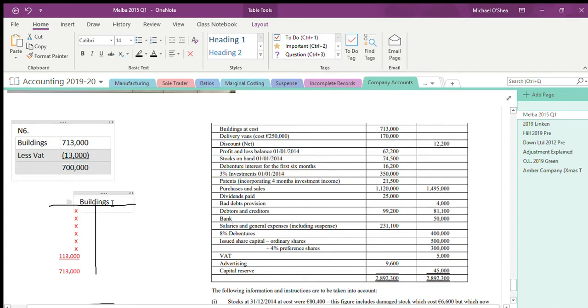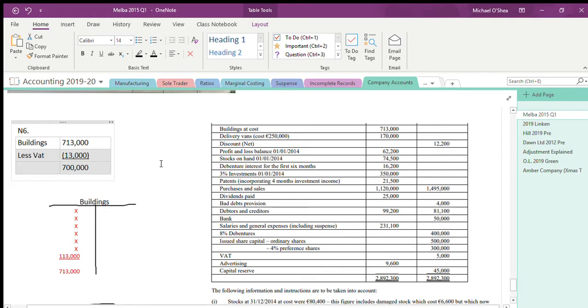VAT should never be included at the cost amount. If you think about it, tax is something you pay. It should never determine the value of your company. Let's say the tax in France is quite high, and you buy buildings in France.